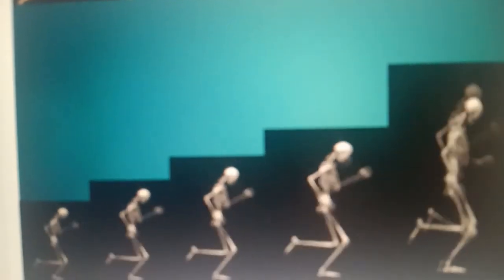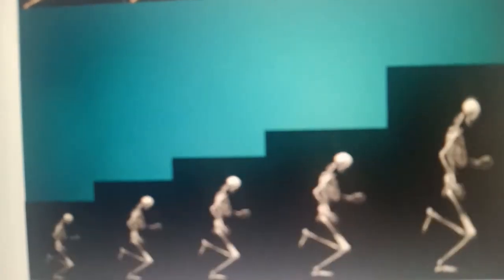Okay, so functions are easily support of the body. Yes, as you can see, protection of the soft organs, especially the brain, diba? So, ayan, the skull.